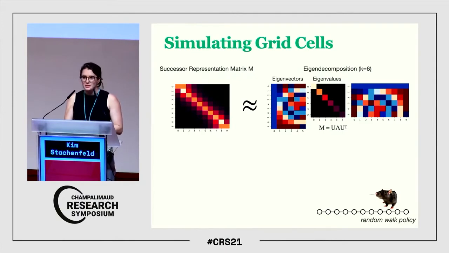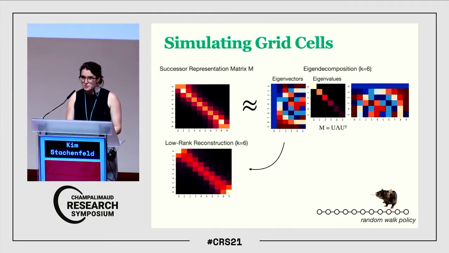If you're looking at this and saying, I don't really know what eigenvectors are and I'm not that excited to learn in the next 30 seconds, one way to summarize this is that if you truncate the eigenvectors, if you only use maybe 6 of them or 3 of them or 2 of them and you multiply them back together, then you can reconstruct your original matrix, but with a loss of some of the precision and the detail. You can get a more coarse representation.